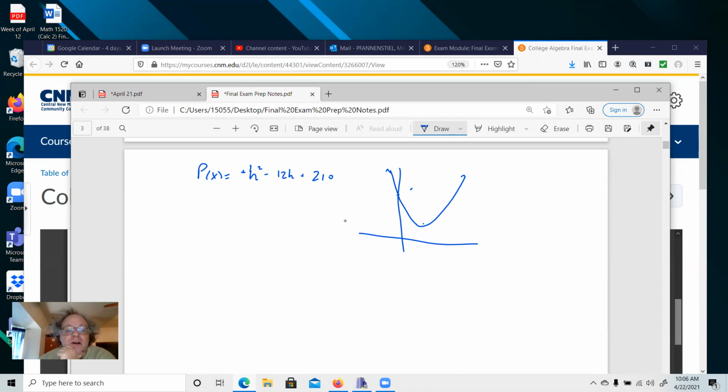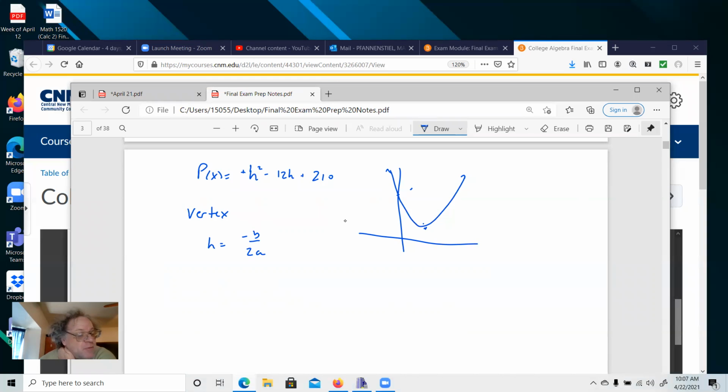You have to memorize this formula or write it down on your card, but the minimum is going to be at the vertex. So let's have a look at that. The vertex is when h is equal to negative b over 2a.